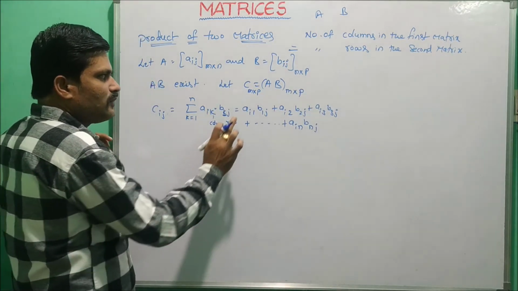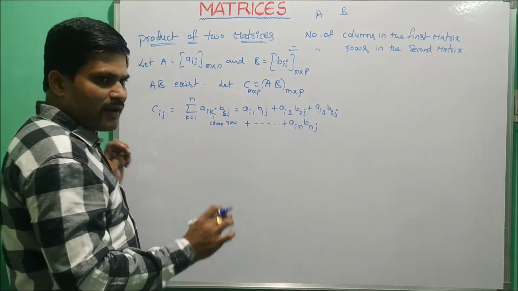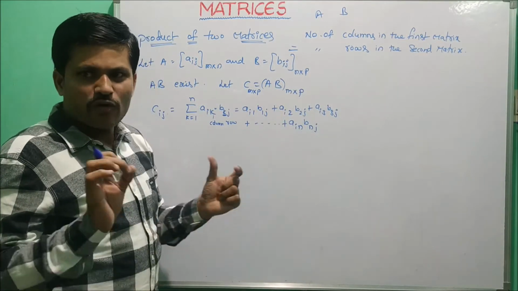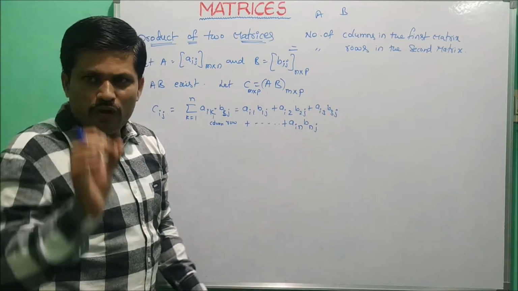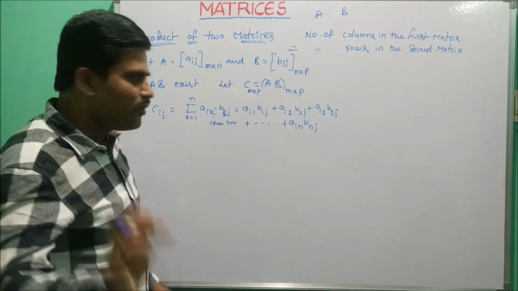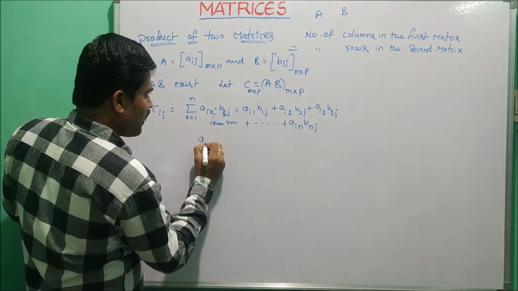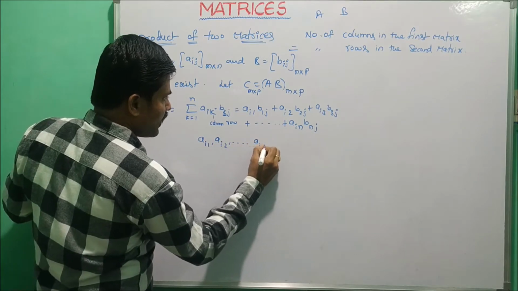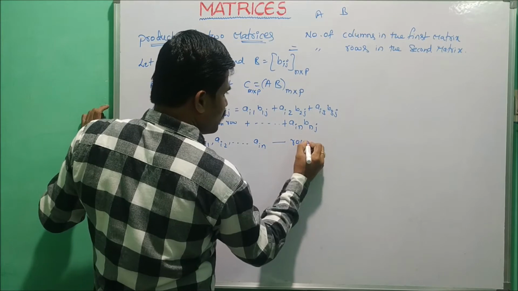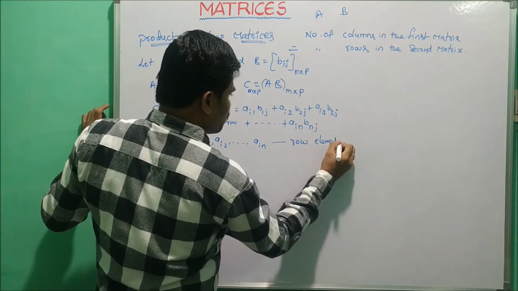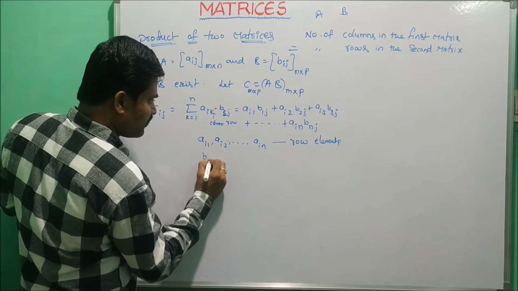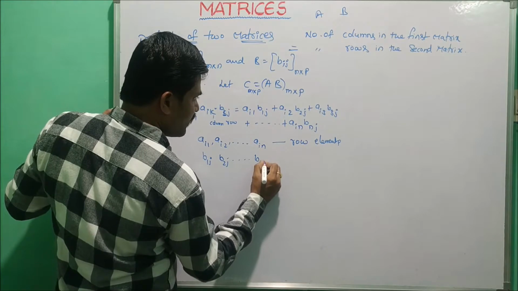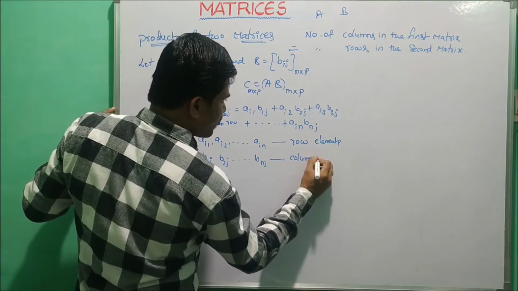Here we observe that in the first matrix A the elements are taken row wise, and in B they are taken column wise. Ai1, Ai2 and so on up to Ain are row elements. Similarly B1j, B2j and so on up to Bnj are column elements.